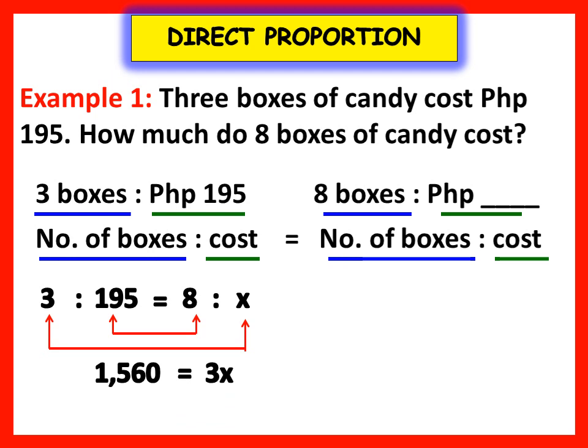To find the value of x, we need to divide both sides by 3, and it will be cancelled. 1560 divided by 3 is 520, equals the remaining term x. So therefore, your x equals 520. Therefore, 8 boxes of candy cost 520 pesos.